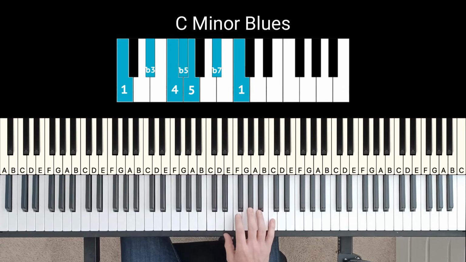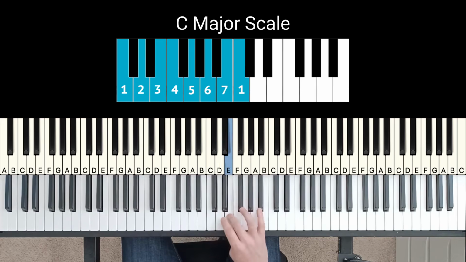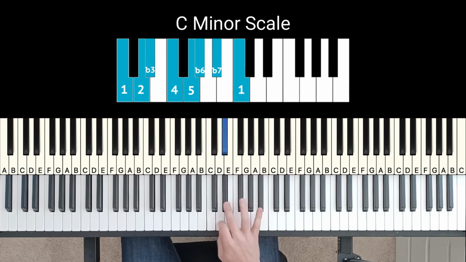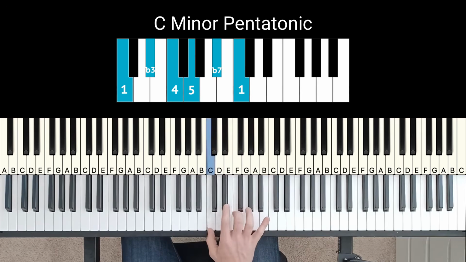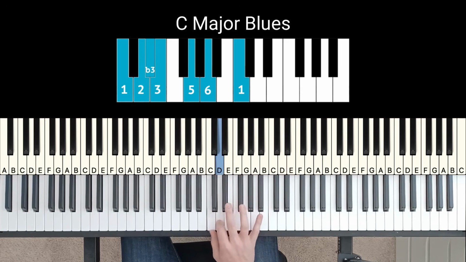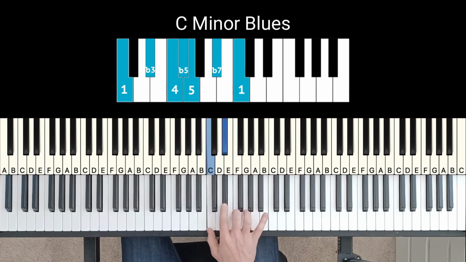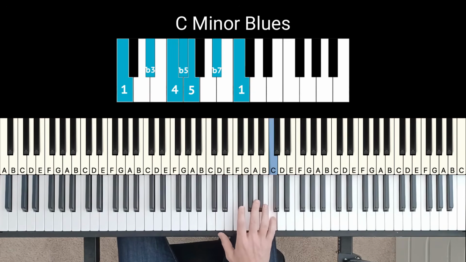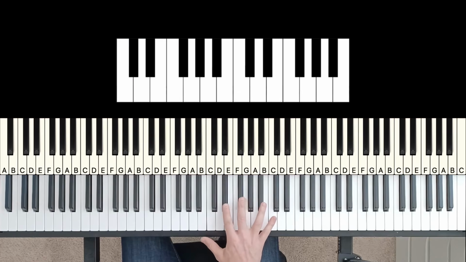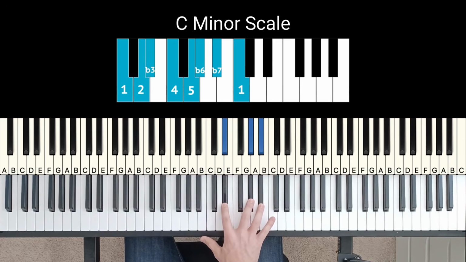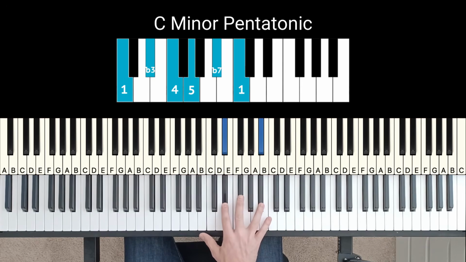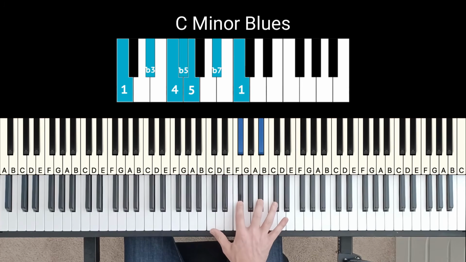So you have 6 different scales that you're thinking about. The major scale, the minor scale, major pentatonic, minor pentatonic, major blues, and minor blues. So just to play those 3 minor scales, you're adding 3 flats to the minor scale, 2 flats to the minor pentatonic, and then 2 flats to the minor blues.